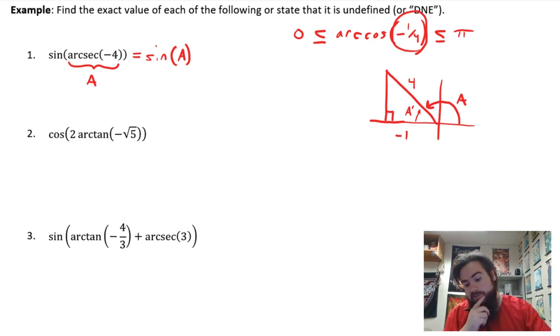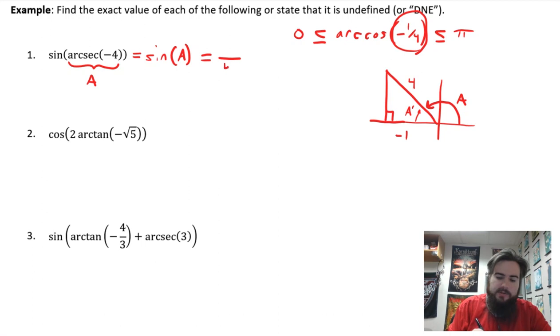Well, all we want for this now, again, I don't know the angle measure, but we just need to solve for sine of this. And all you need to know for sine is the opposite over hypotenuse, which we already know half of that. We already know the hypotenuse is 4. If we can solve for the opposite side, we should be good to go. And all that requires is the Pythagorean theorem.